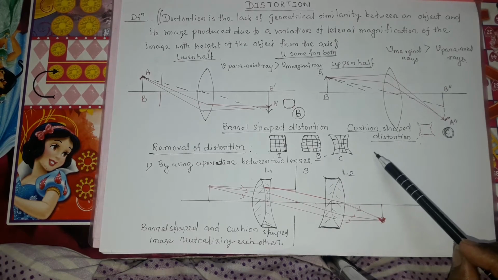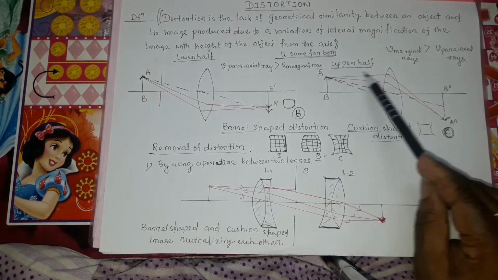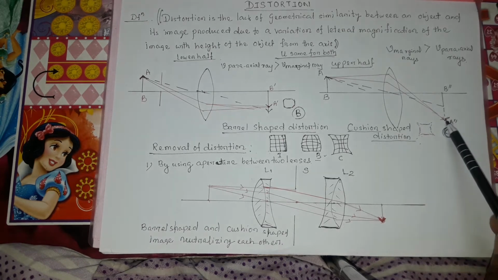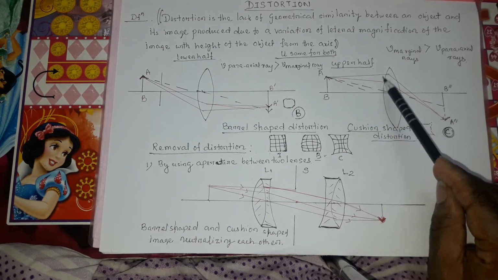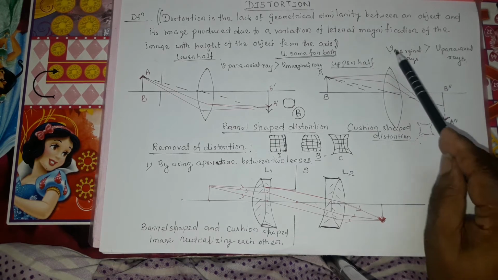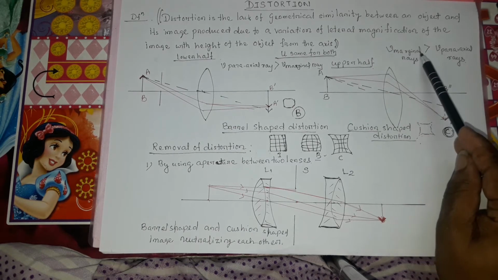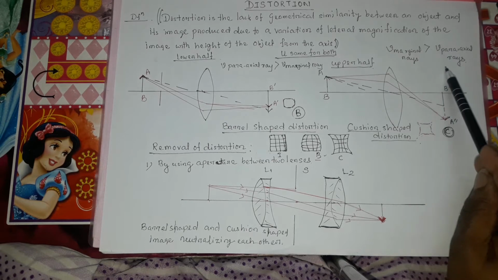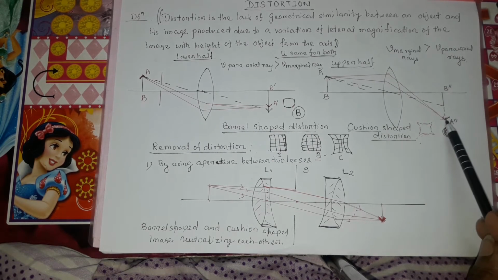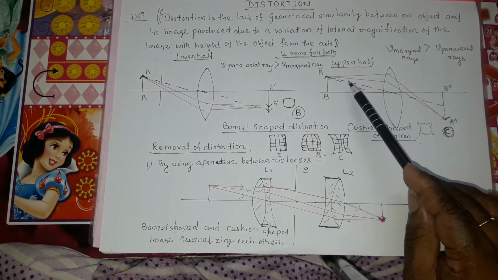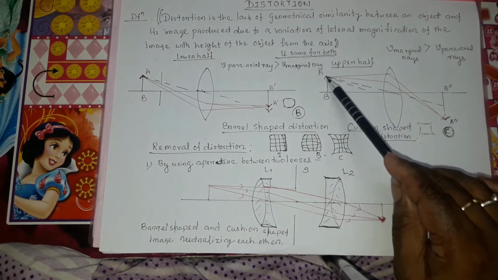In cushion shaped distortion, the ray approaches from the upper height. In this case, the velocity of the object is the same, but the velocity of the image for the marginal rays is greater than for the paraxial rays. That's why the image height is different compared to the object height.